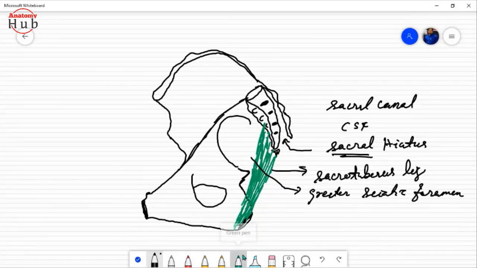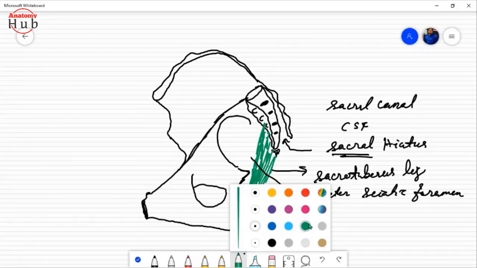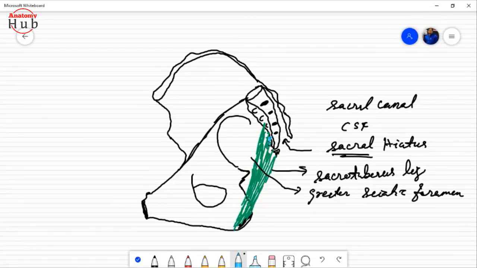After this you'll find there is another ligament. That ligament is coming from the lower part of the sacrum again, and it is also coming from the coccyx, and it is coming towards the ischial spine.